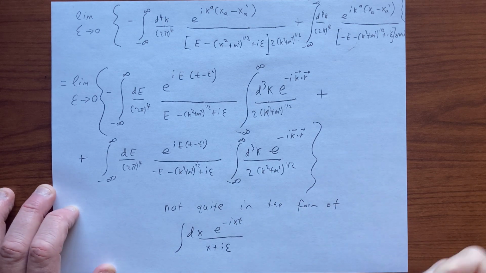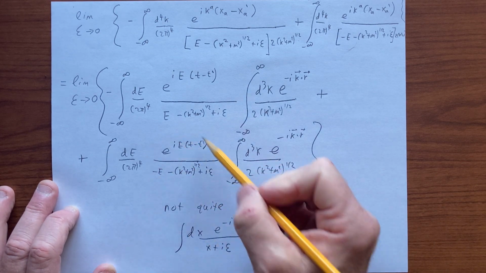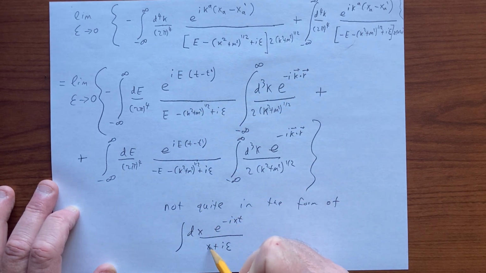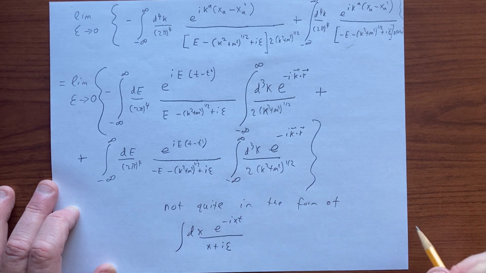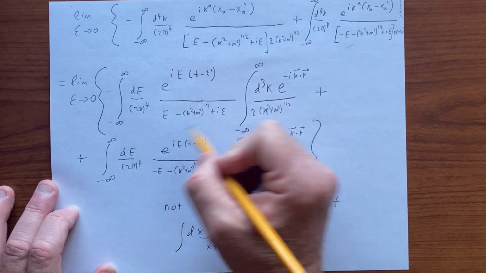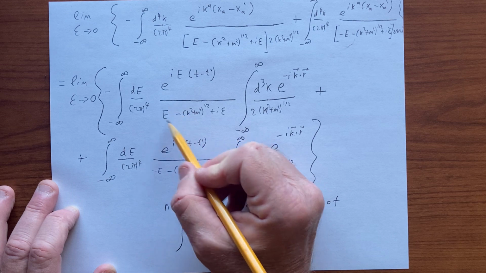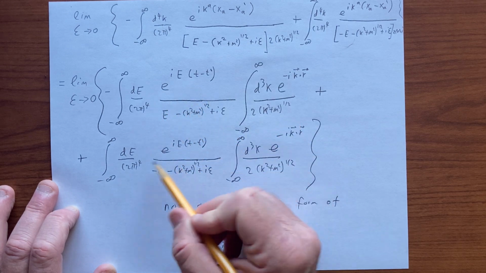And so our goal is to massage this term and this term so that it looks like this. So we need a variable x that appears here. We want an x plus an I epsilon here, and then integrating that variable. So we're going to have to massage this a little bit. We're not going to have a dE integral. We want to have an integral where this is our x component. And in this case, it's this.